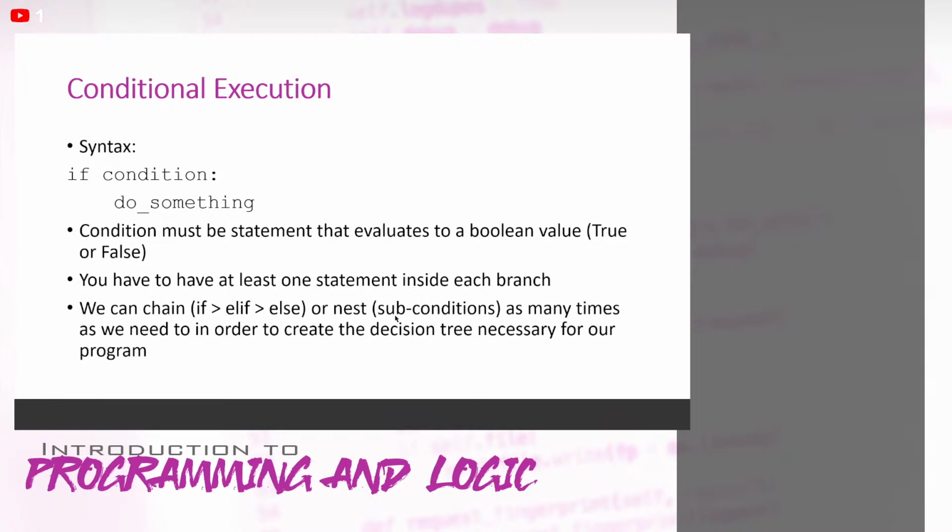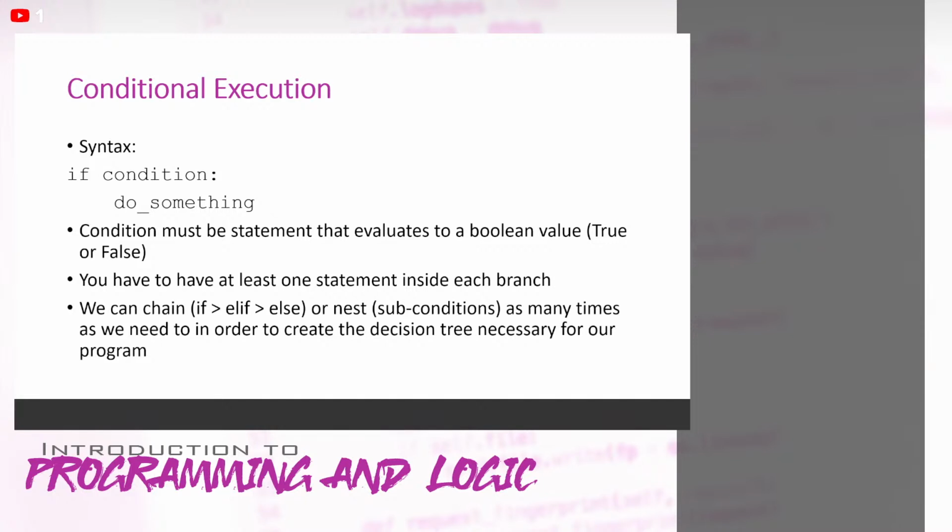And as we just mentioned, we can chain conditionals, which when we're chaining, we're talking about if, elif, or else. We can have as many elifs as we want in a chained conditional. And we'll do demonstrations to help us make more sense of this a little bit later on.